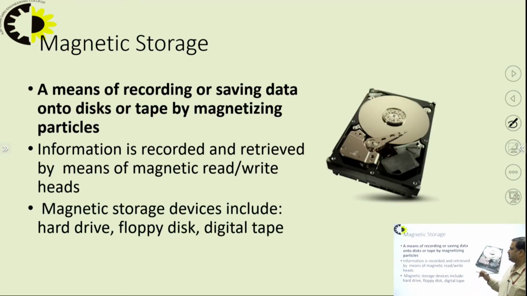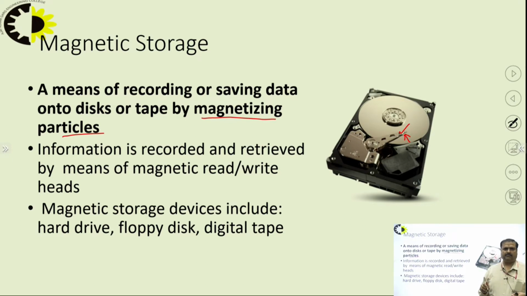In magnetic storage, we basically save data onto a disk or tape by magnetizing the particles available on that surface, and the information is recorded or retrieved by using magnetic read write heads. These are the read write heads which read the information on the disk, and there will be an array of disks available inside it, and every disk has one head attached to it.